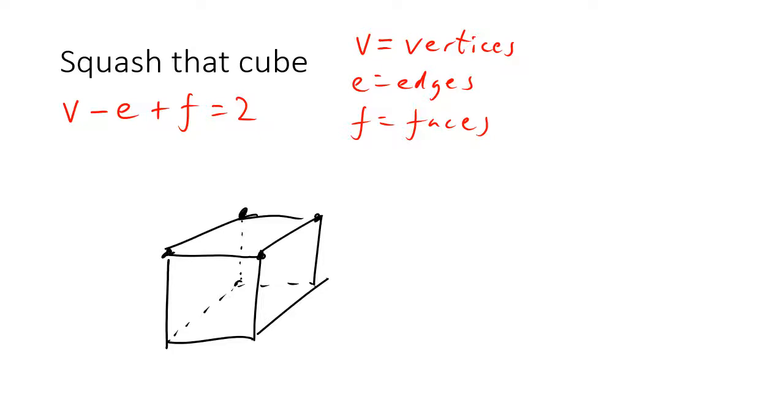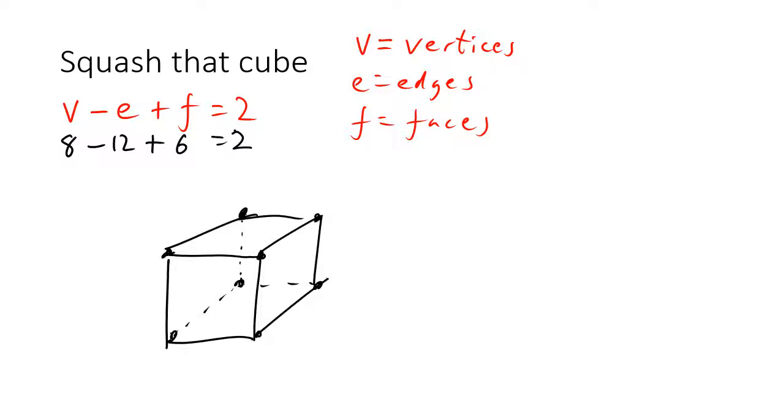So how many corners does a cube have? It has 8. And then you can say how many edges does it have? Well, if you do count that, that's 12. And a dice, well, it's got 6 faces because that's how they use them in games. So 8 minus 12 is minus 4, plus 6 does in fact equal 2.